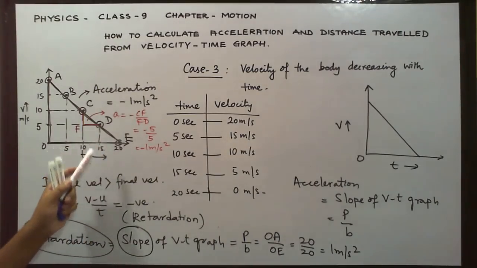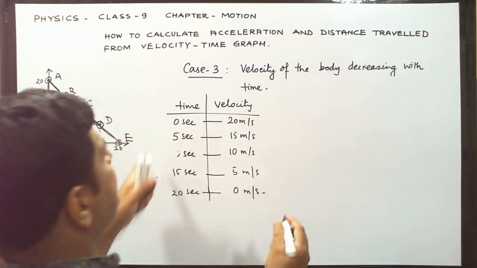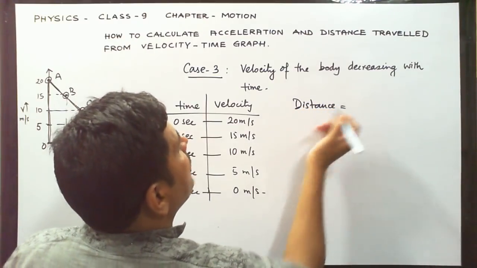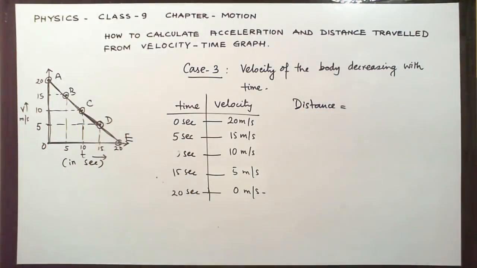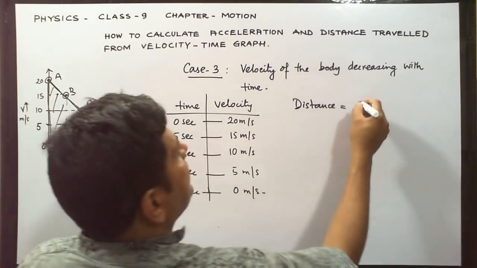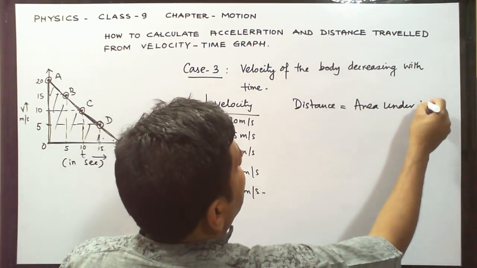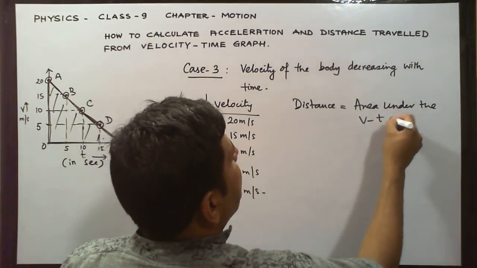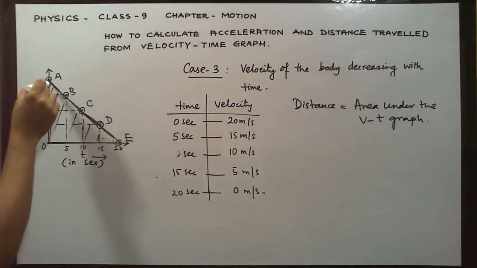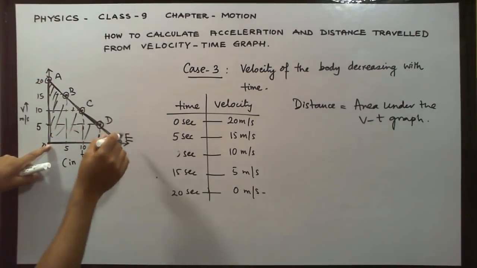Okay, now let us find out the distance traveled by the body here. So how to calculate distance from this graph? Distance we have already talked about. We have to close the graph with the time axis. The graph is already closed. So here we need the area under the v-t graph. We have got a triangle here, OAE.